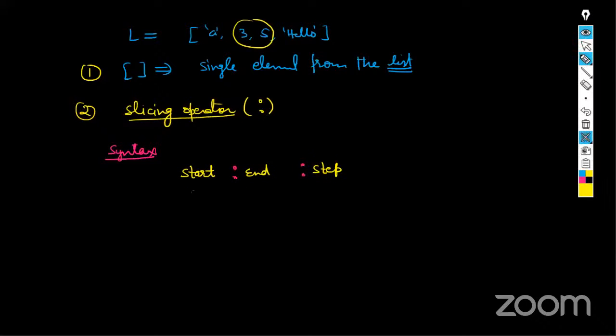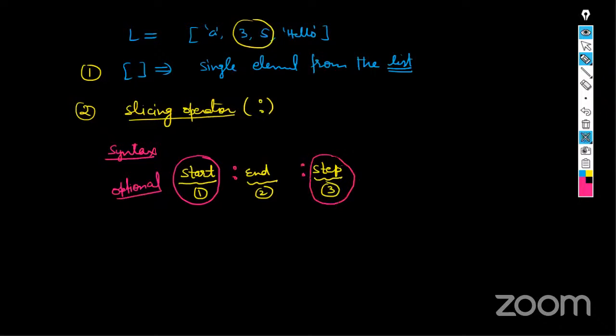So guys, 3 values are required: 1, 2, and 3. Out of these three values, this start value is optional. As a user, you may pass it or may not. This step is also optional. I will tell you with an example, then things will be clear.